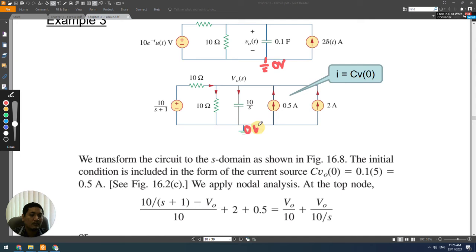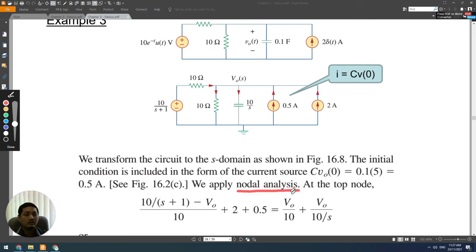So we need to find V out as our voltage across the capacitor. Based on this condition of the circuit, one of the best ways is to use nodal analysis.